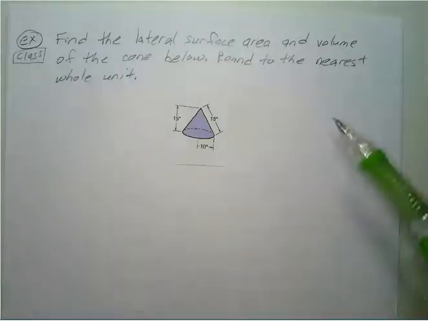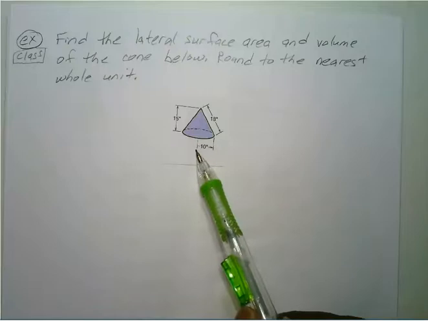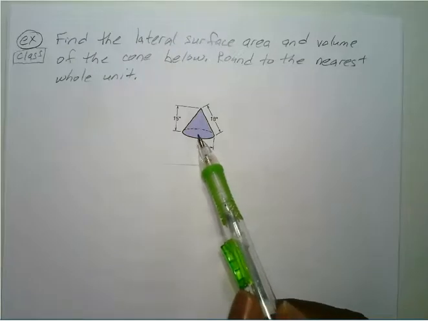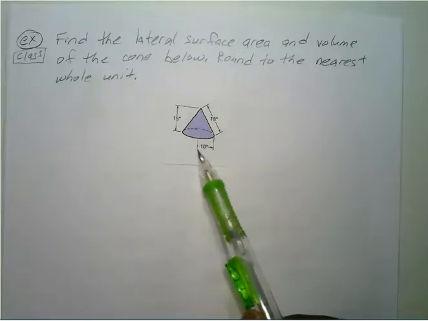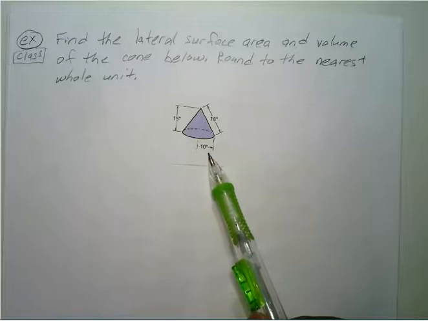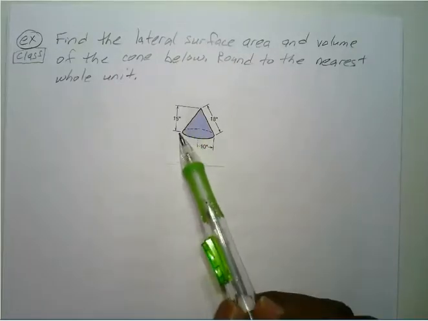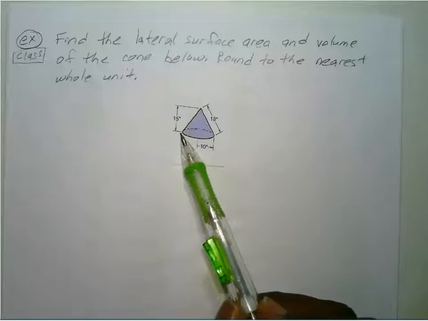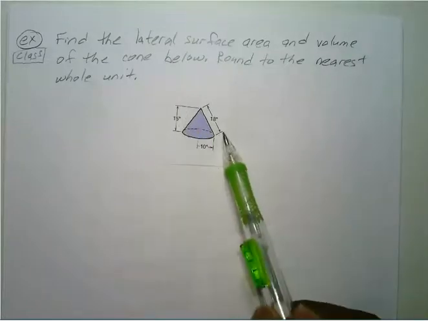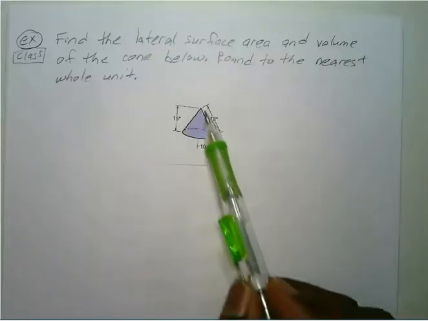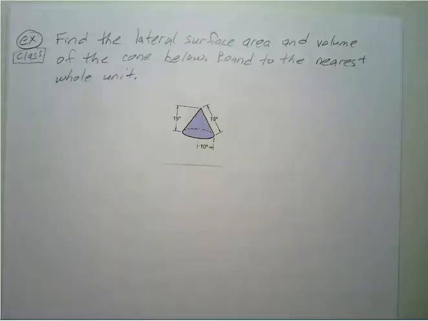We can see here that they gave us our radius because it goes from the center to the circle. We know our altitude because it goes from the base of the cone all the way to the apex. And we know our slant height. Press pause and try to solve this one on your own.